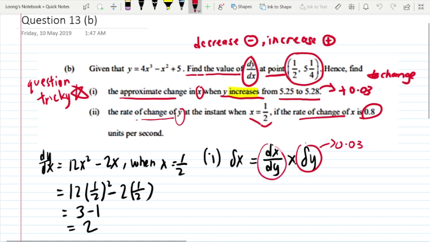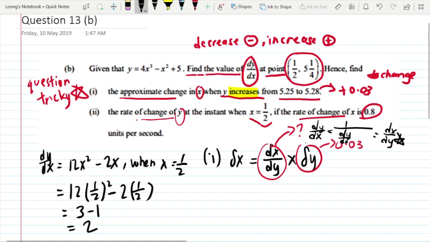However, they didn't give us dx/dy, but this can be derived from the dy/dx that they gave earlier by just taking 1 over dy/dx, and eventually you will get dx/dy. This is something you need to take note of.